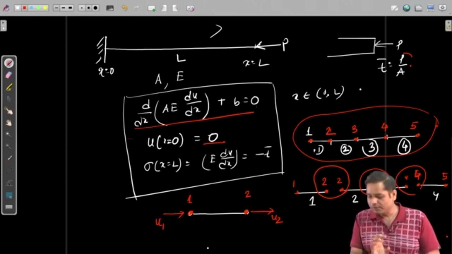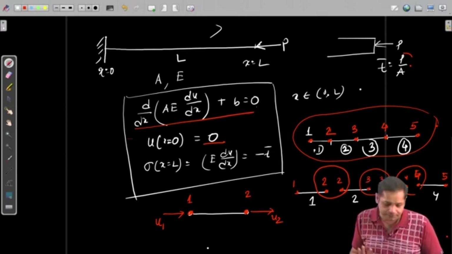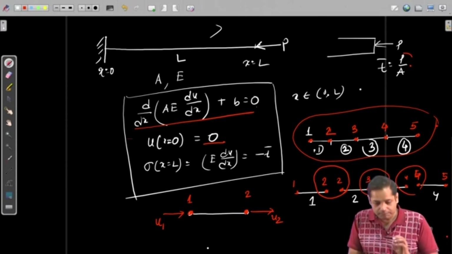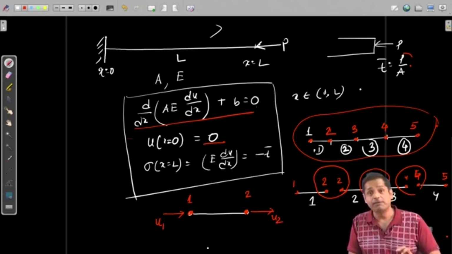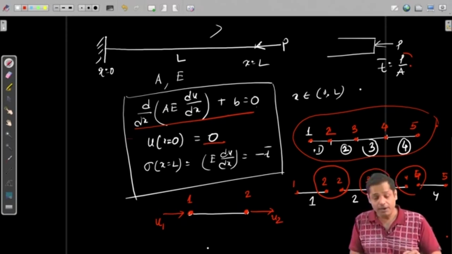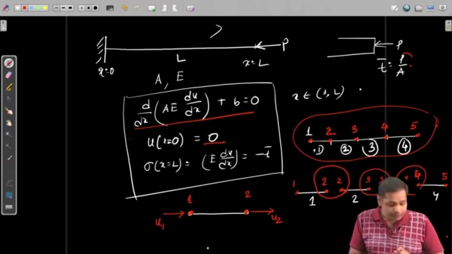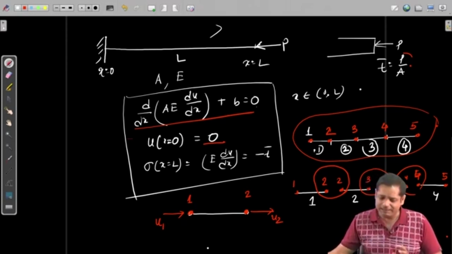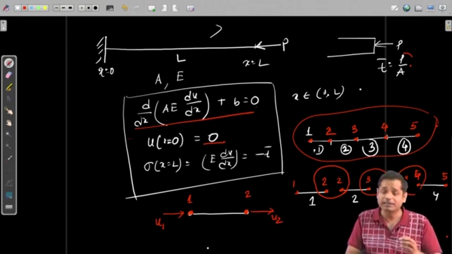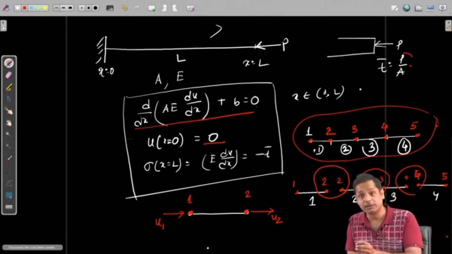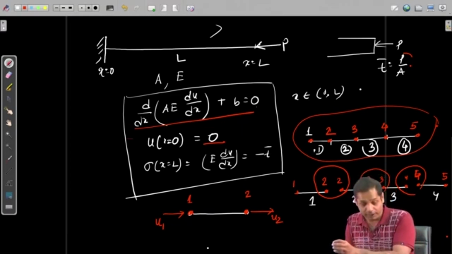Let us take a relatively simpler problem for which the element level formulation can be done directly, and then see what could be the form of that element level information, how to assemble them, and then finally solve it.